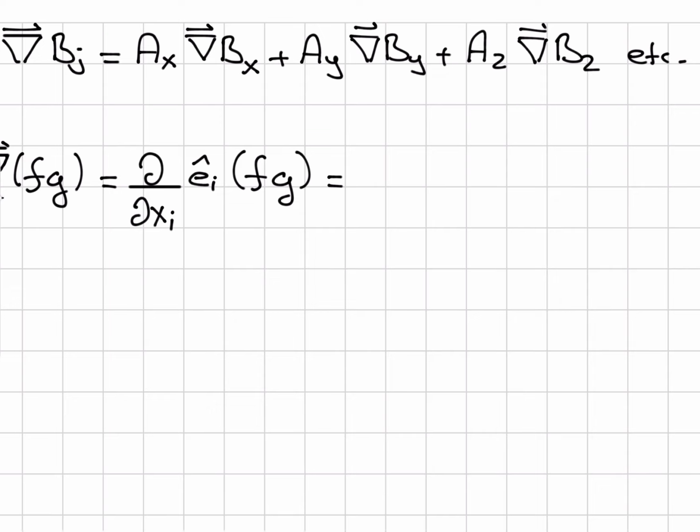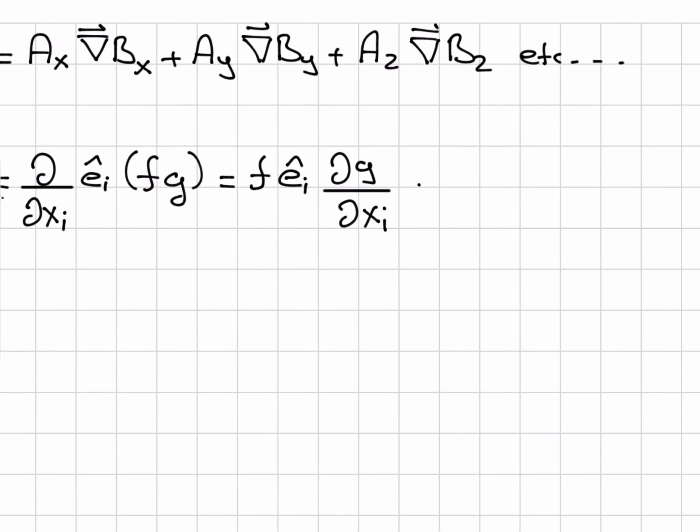So first I'm going to take f out, f ei hat del g del xi, plus, now I will leave g alone, g ei hat del f del xi.